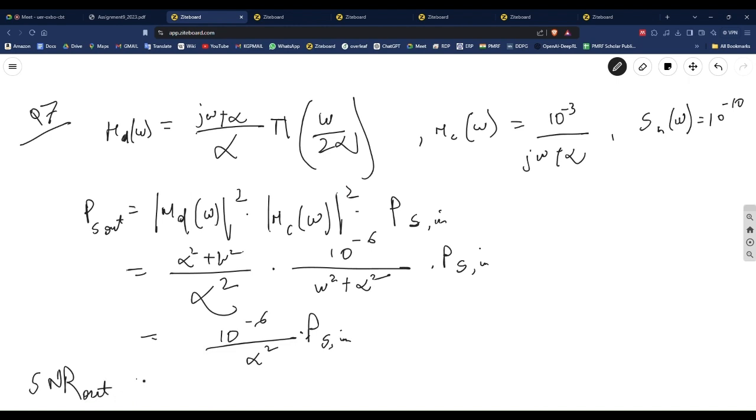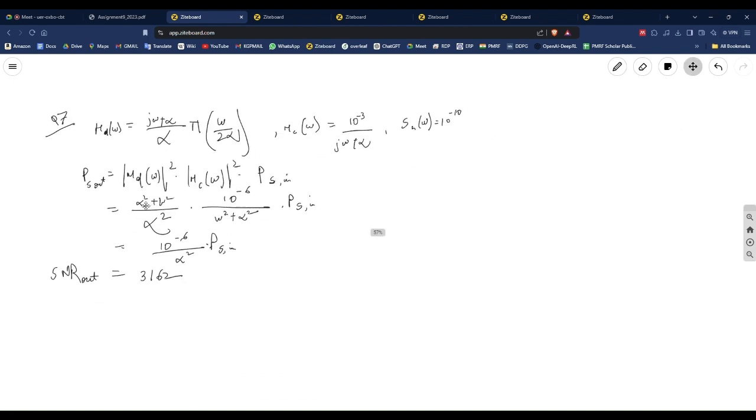SNR will be 3162. The output SNR is given to be 3162.